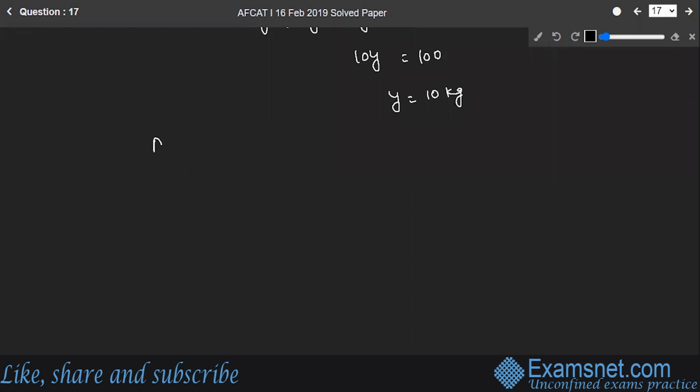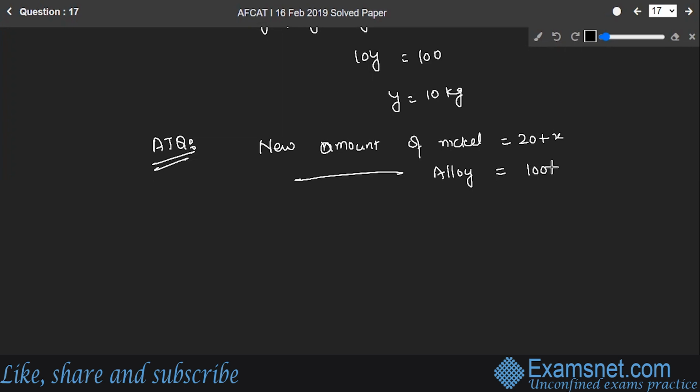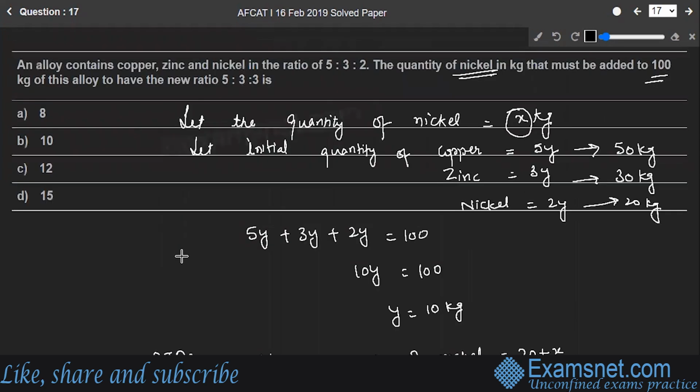So, according to the question, new amount of nickel will be (20 plus X), and new amount of alloy will be equal to 100 plus X, right? Also, according to the question, the new ratio is given to us as 5:3:3.